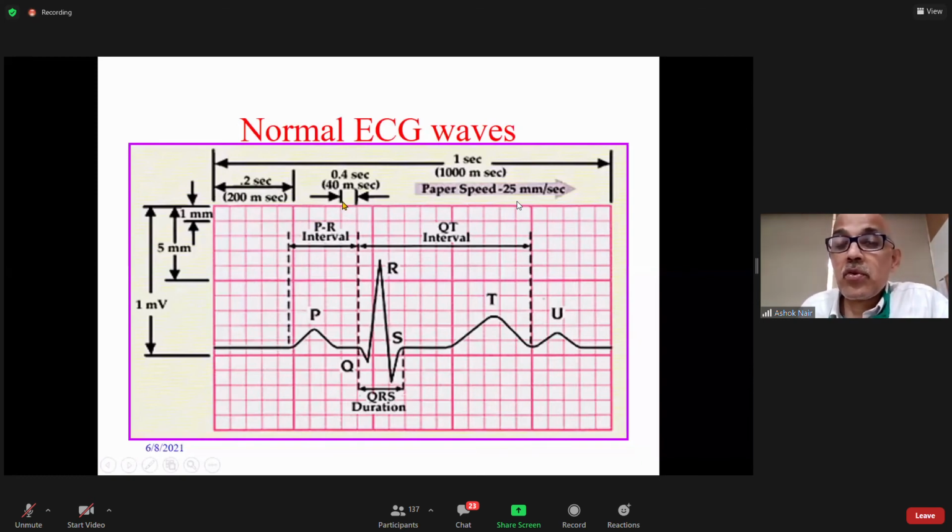Each 1 millimeter square in the horizontal axis will correspond to 0.04 seconds or 40 milliseconds.